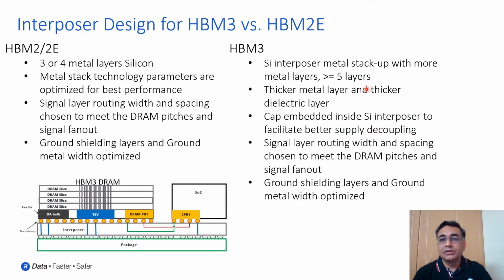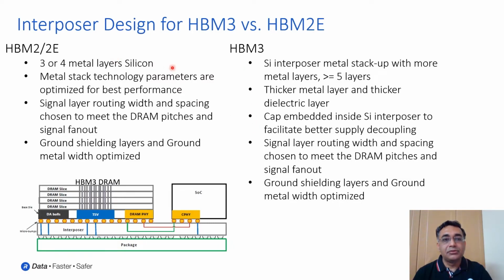HBM memory technology is doubling I/O speeds in each generation. Interposer technology is keeping pace with this by taking steps to improve on the signal and power integrity aspects. Here I am comparing the silicon interposer for HBM2 and HBM3.